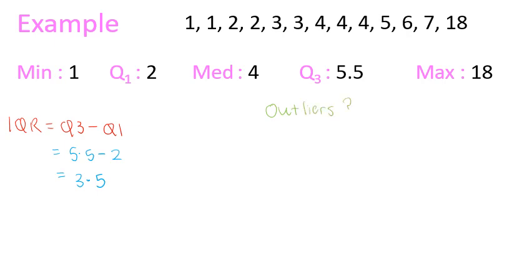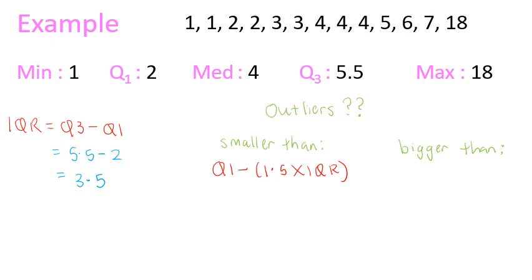So remember, outliers are numbers that are much bigger or much smaller than the rest of the numbers. So we use the formula either smaller than Q1 minus 1.5 times the IQR, or bigger than Q3 plus 1.5 times IQR.